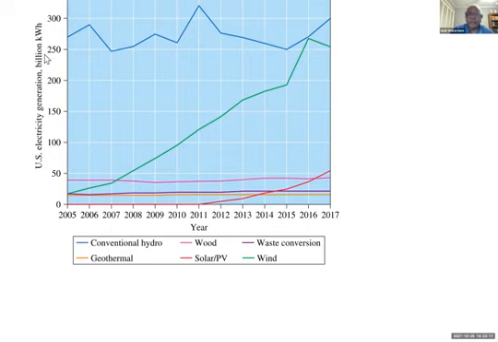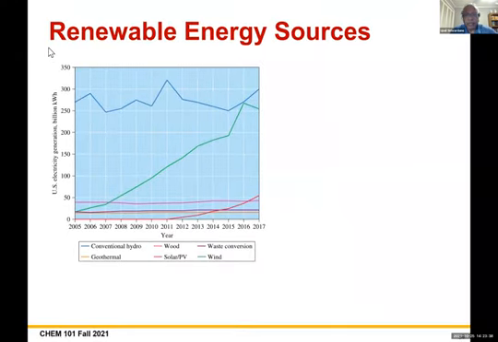The solar should be increasing to about 150 or 200 if we put up enough energy resources to produce efficient solar cells. Solar cells could produce a significant amount of energy.